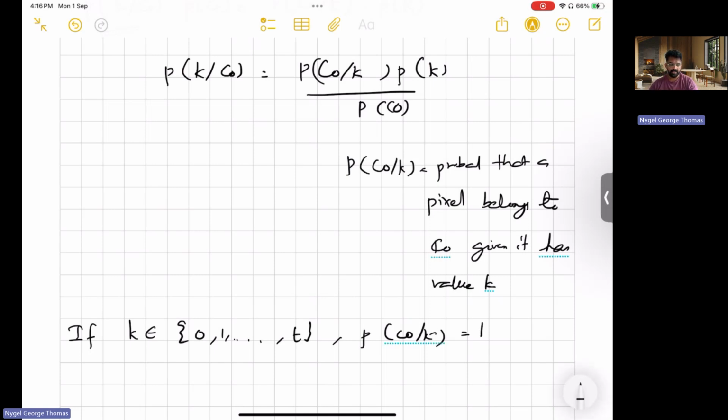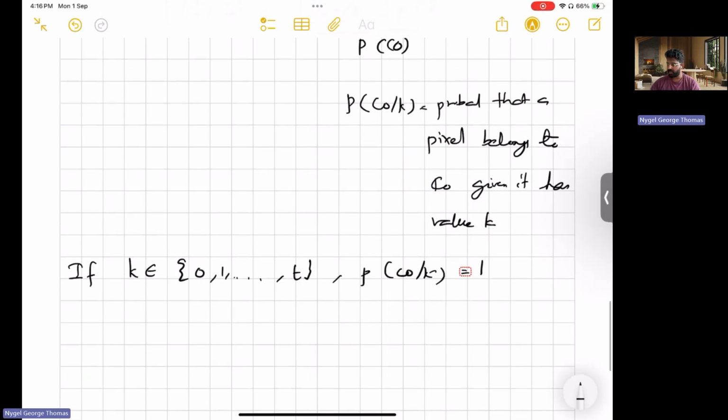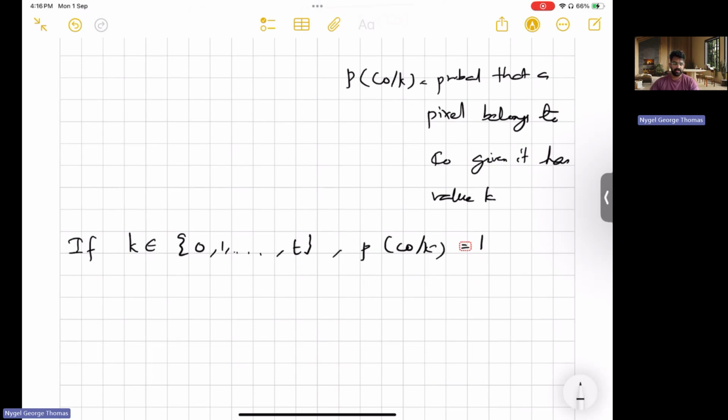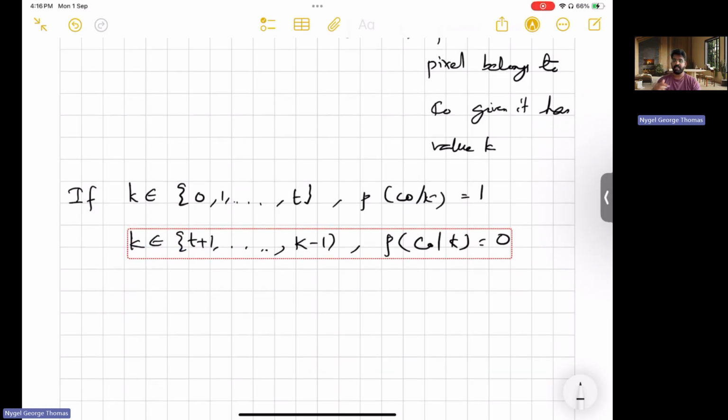Given these values, we're already making those values part of class C0. And for k belonging to values t plus 1 till K minus 1, P of C0 given k is equal to 0, because of course it's falling into the other class, so it's not a probable event.